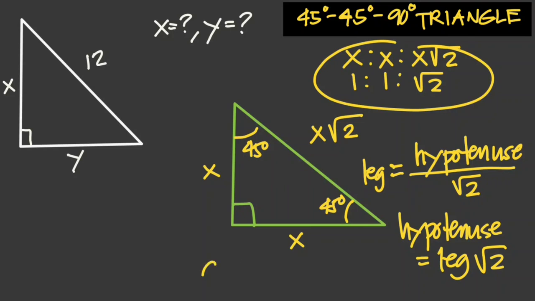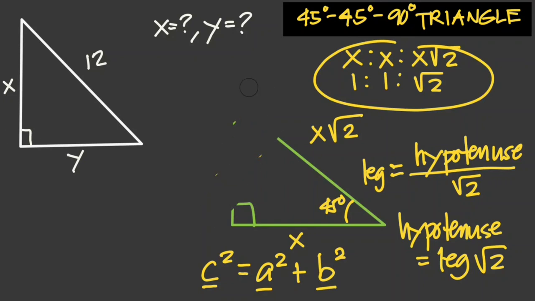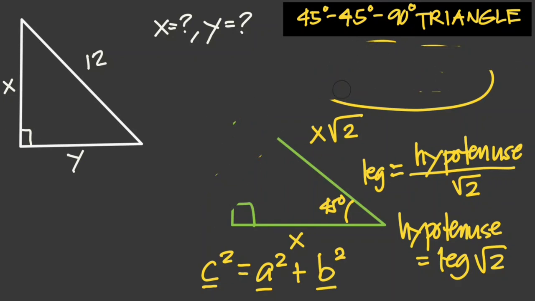Or we can also use the Pythagorean theorem to solve for the legs and hypotenuse. So c here is the longest side, which is our hypotenuse, and a and b are our legs. Okay, so let's try solving some problems here.